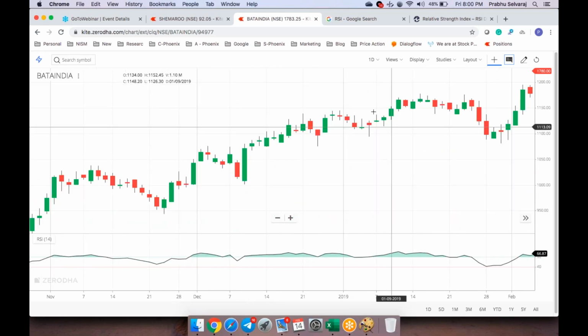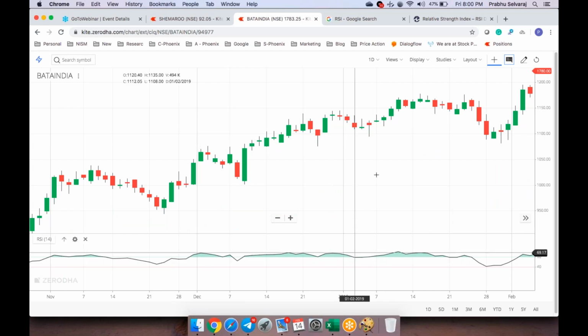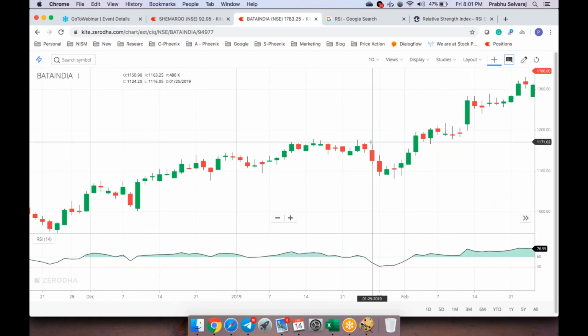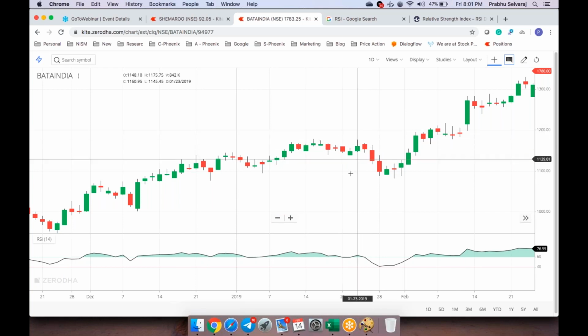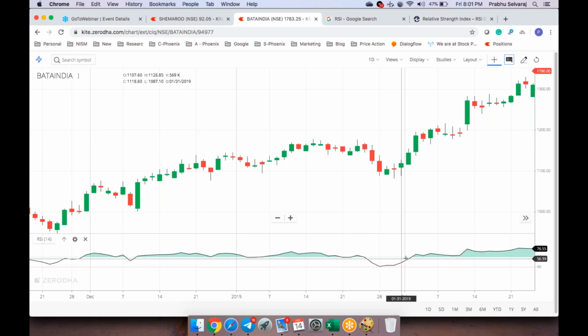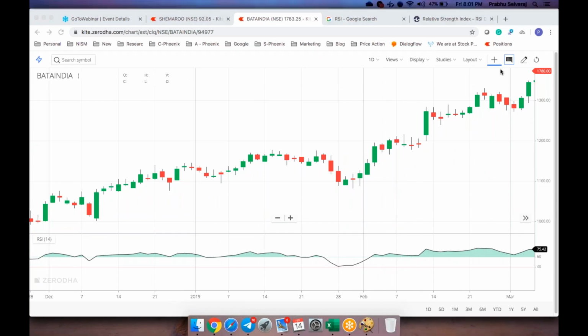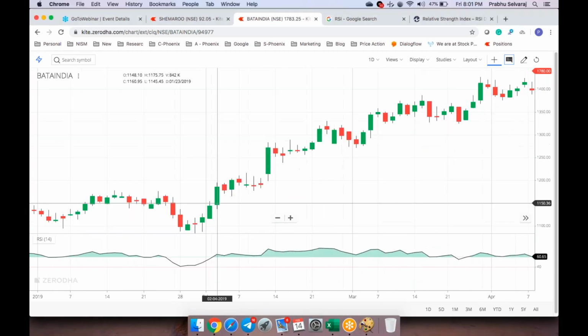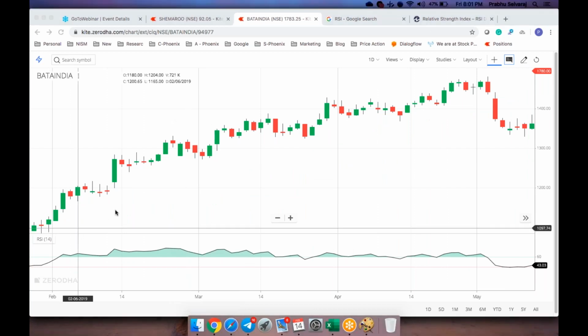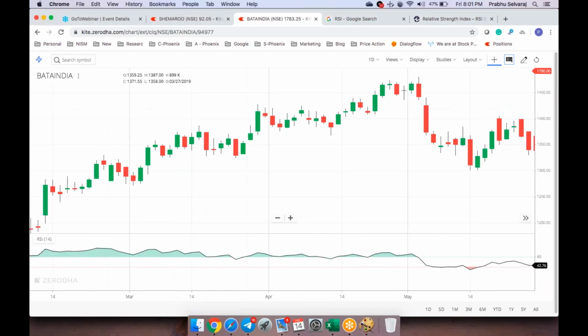I should not be bothered about this because my RSI is strong. Here RSI broke on this candle itself. This candlestick says bearish. RSI is also bearish. It is coming, hitting 40, and again going up, and again going up. It will continue its uptrend as long as the RSI is strong.